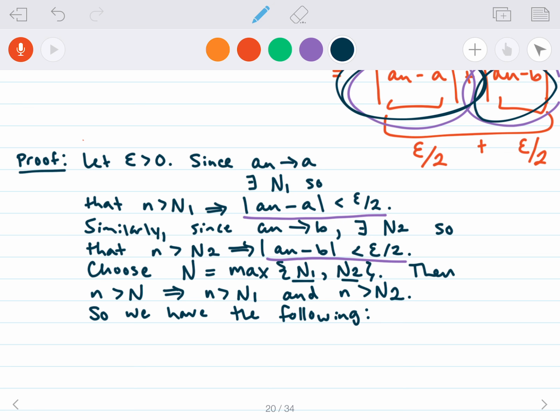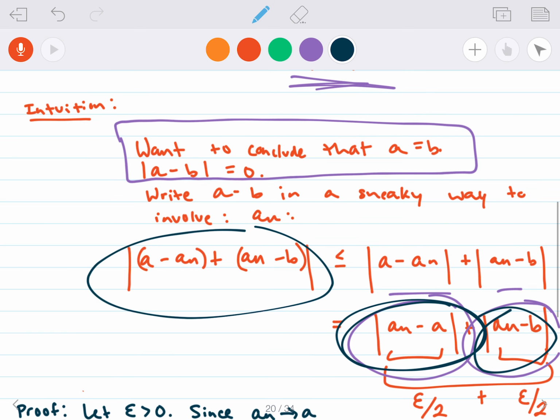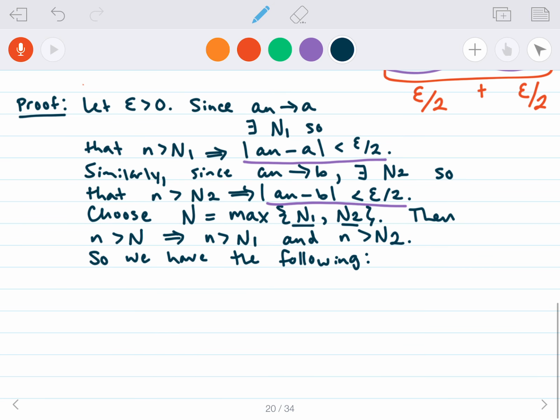Okay, now comes our scratch work, right? We started here, right? So we have a minus b is equal to a minus a_n, and then minus b plus a_n, or let me just write it like this.